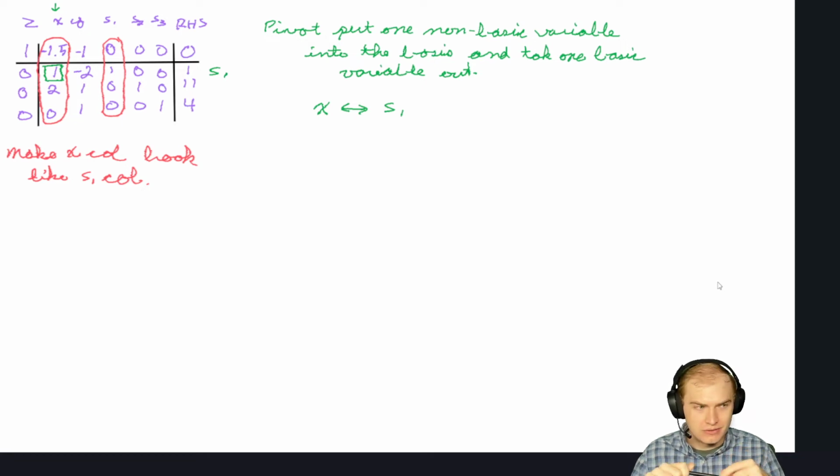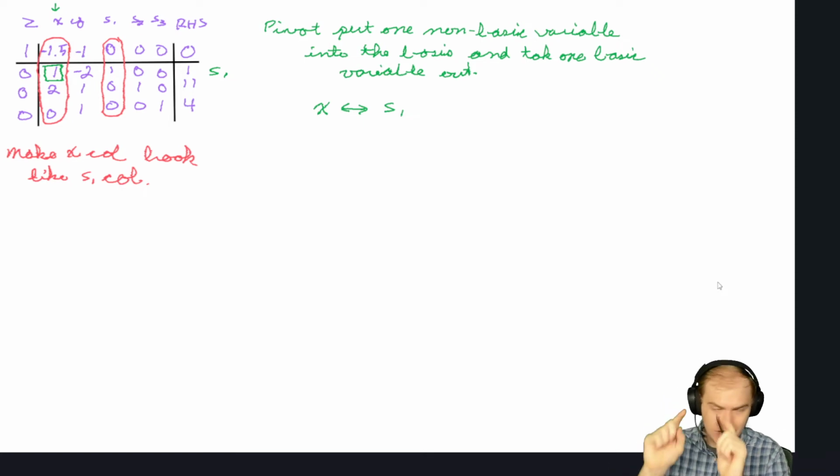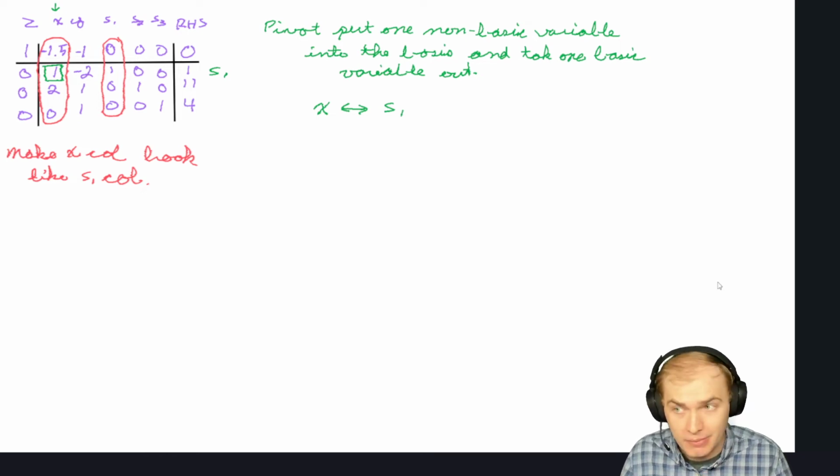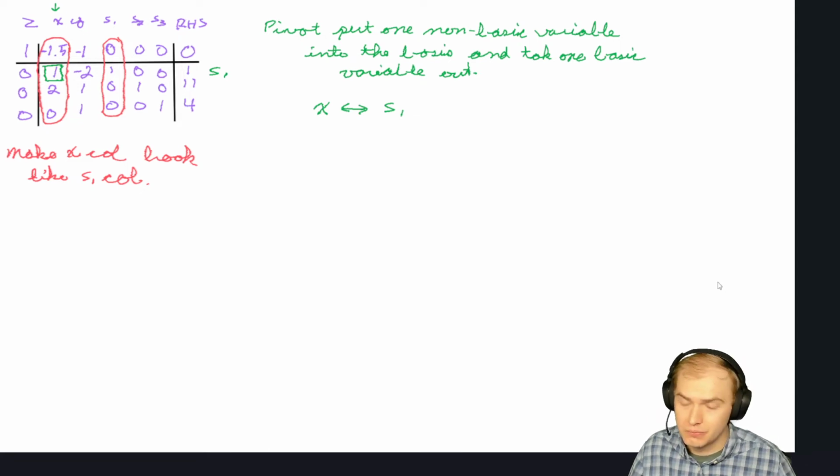It was a bonus. Here, we want to perform row operations on this tableau to create the identity matrix primarily as our objective, or as our goal.